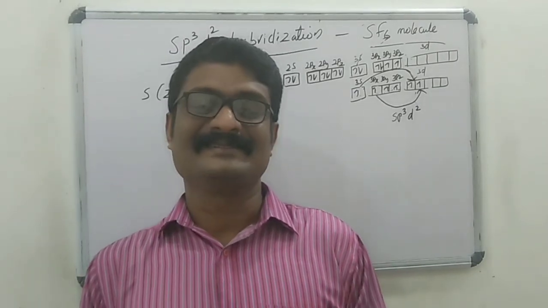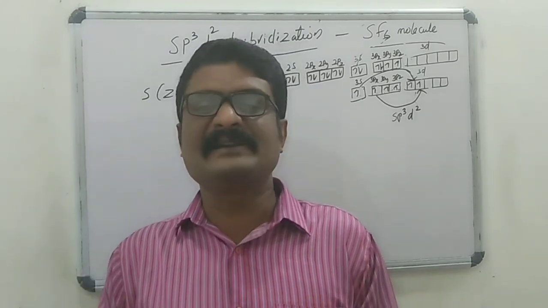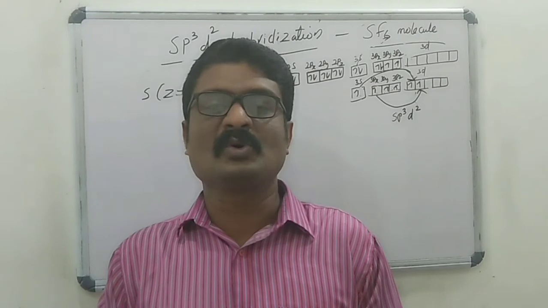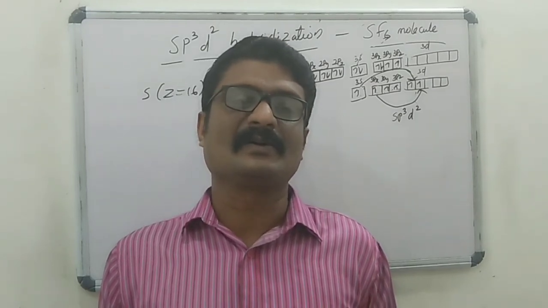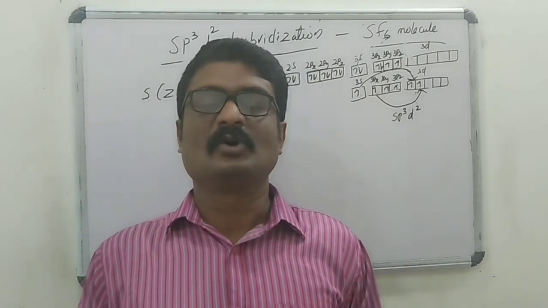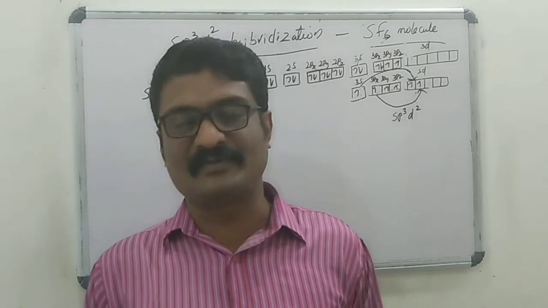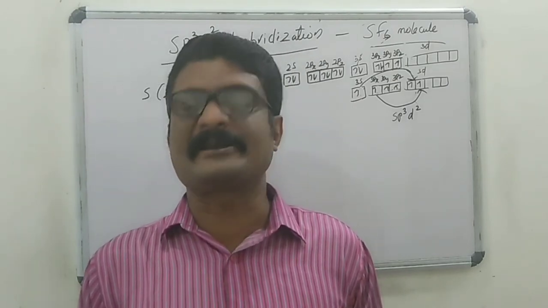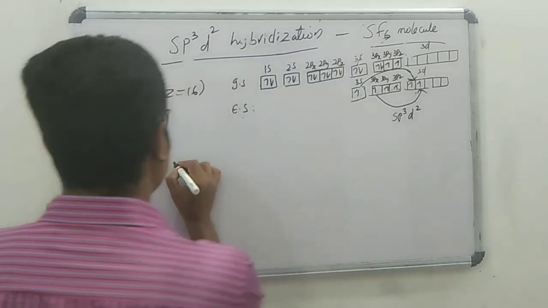Yes. Then these 6 sp3d2 hybrid orbitals of sulfur overlap with half-filled 2p orbitals of 6 fluorine atoms to form 6 S-F bonds.